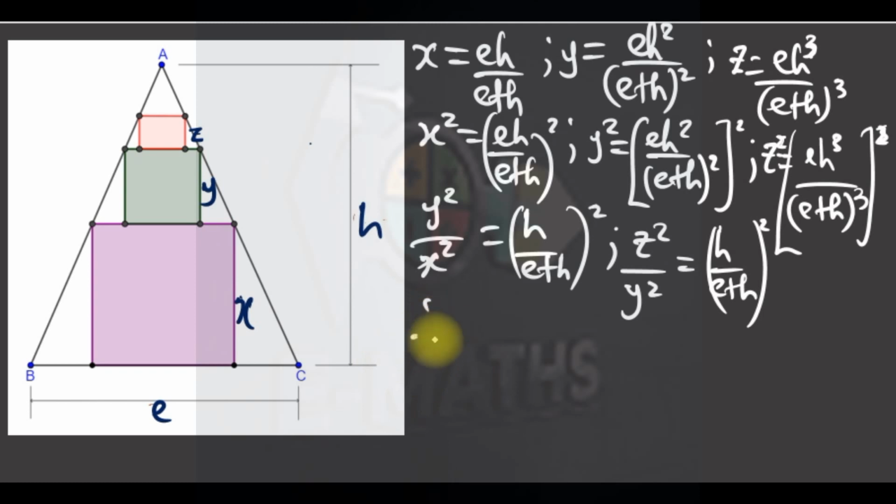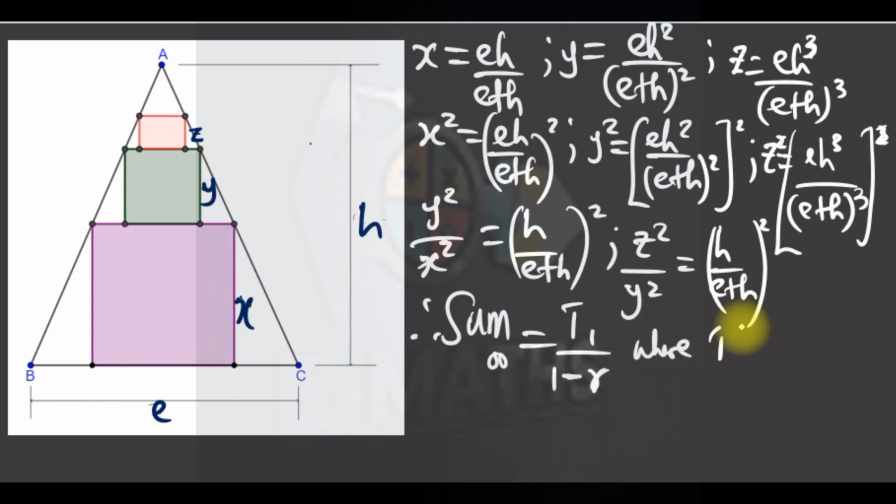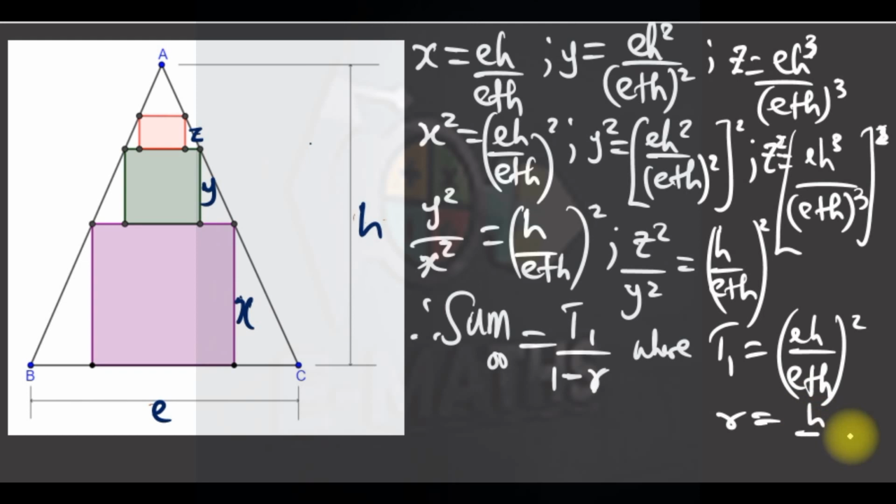So meaning that if we are to sum the areas to infinity, the sum to infinity is T1 over 1 minus r, where T1 is the first term. Our first term is eh over (e plus h) all squared, and our common ratio is h over (e plus h) all squared, using geometric progression.